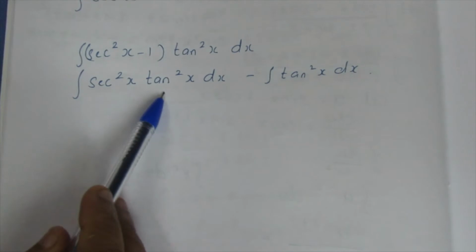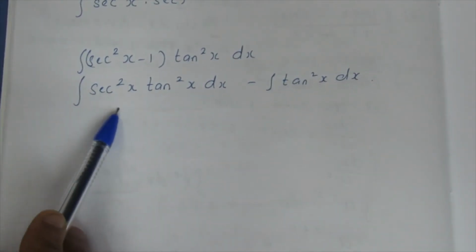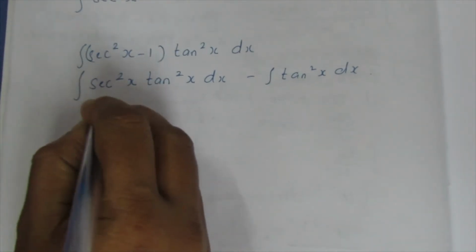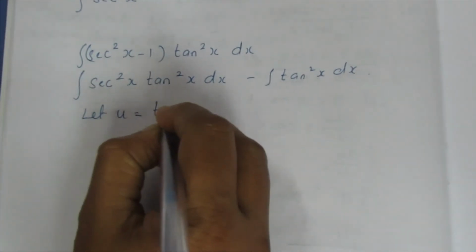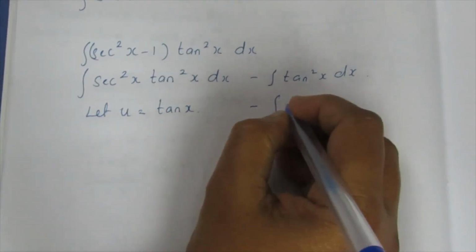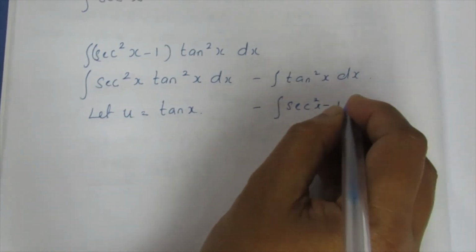Now we know that the differentiation of tan x is secant square x, so let u be equal to tan x for this, because in multiplication we don't have a formula. Here I am going to change this to secant square x minus 1 dx.